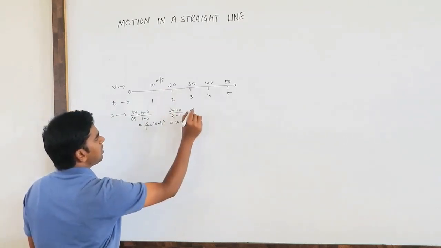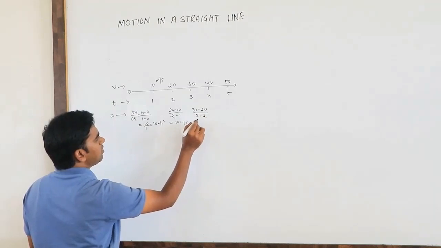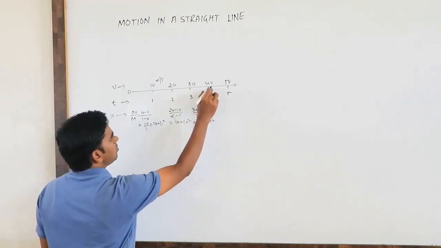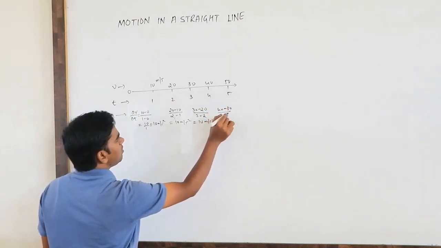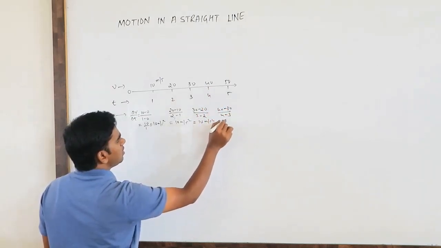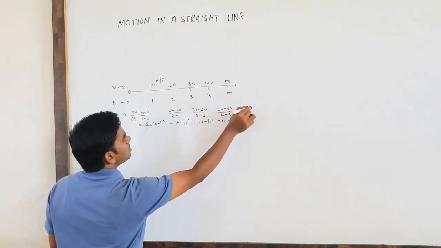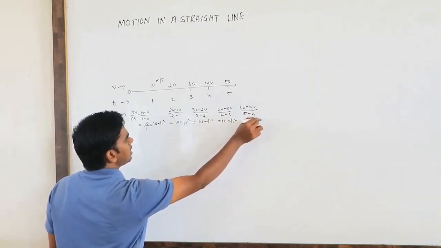Here 30 minus 20 divided by 3 minus 2, again you will get 10 meter per second squared. Similarly 40 minus 30 divided by 4 minus 3, you will get 10 meter per second squared. And 50 minus 40 divided by 5 minus 4, again you will get 10 meter per second squared.